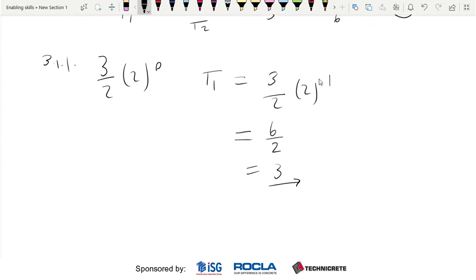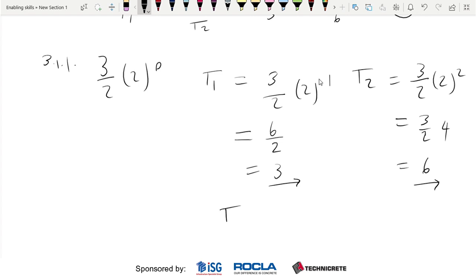Let's find the second term. T2 would be 3 over 2 times 2 to the power of 2, and that would be 3 over 2 times 4. That would give us 3 times 4 is 12, divided by 2 is 6.